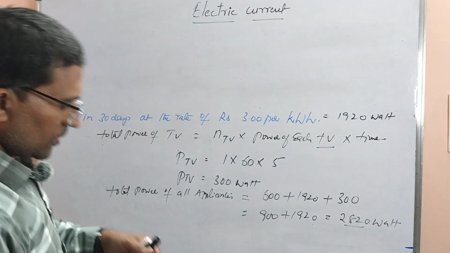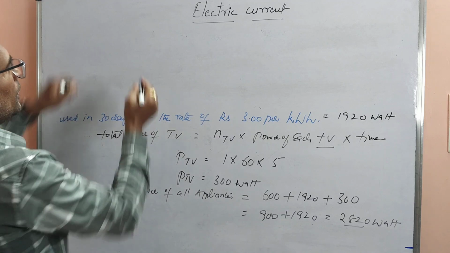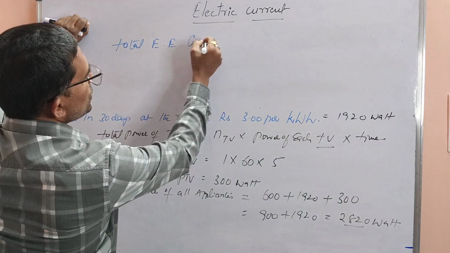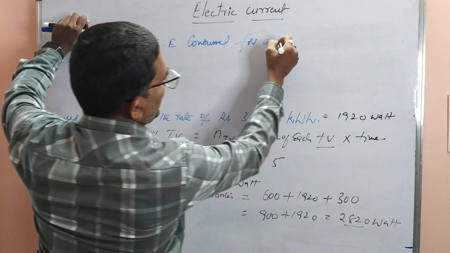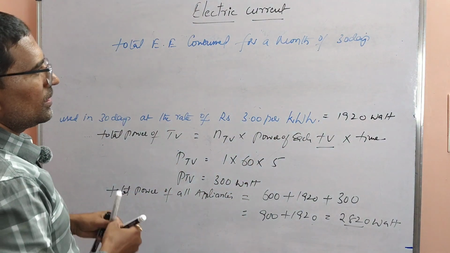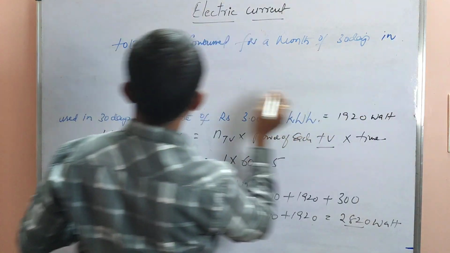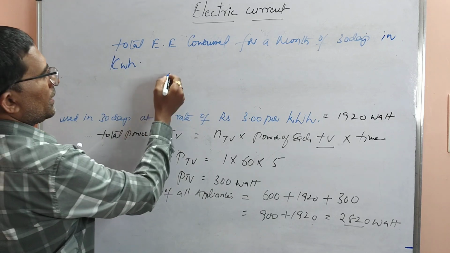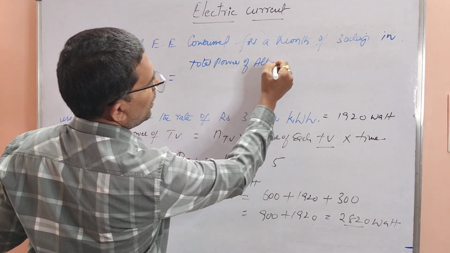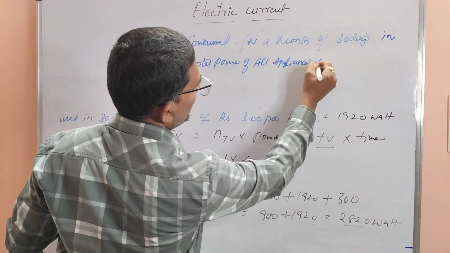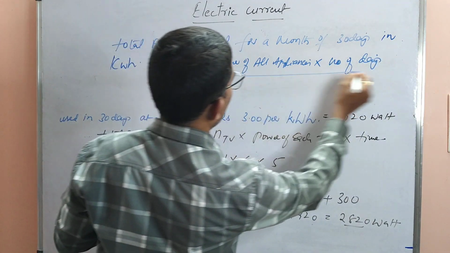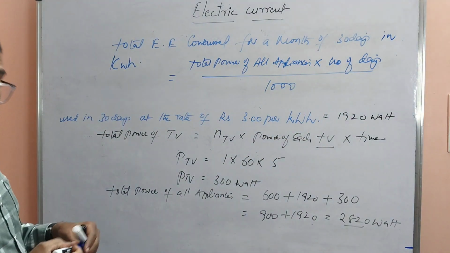Now I will write total electric energy consumed for a month of 30 days, that is in kilowatt hour, is equal to total power of all appliances into number of days by 1000.